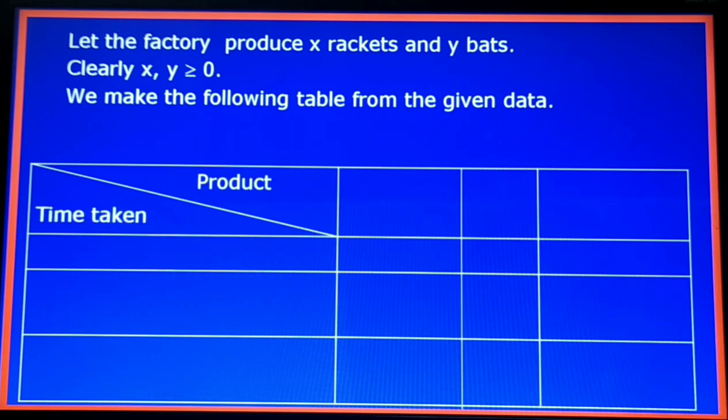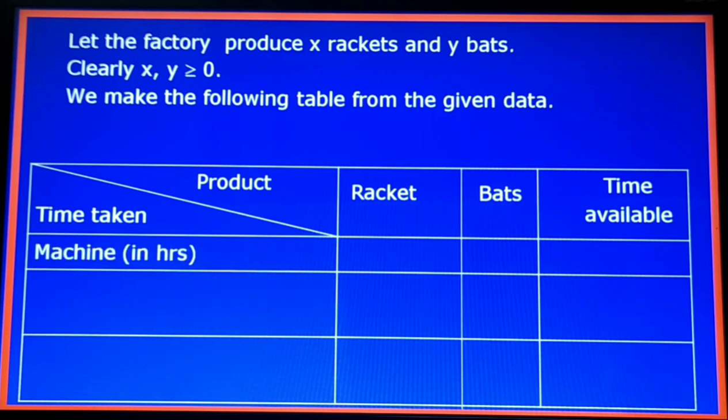Product, time taken, rackets and bats, time available. Time taken by machine to make rackets and bats 1.5, 3. Time available, that is 42 hours.